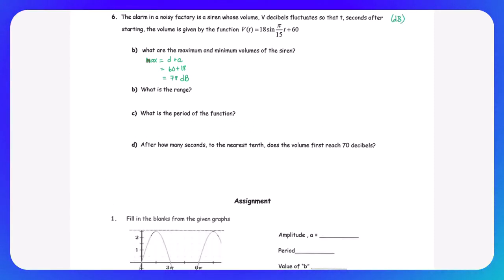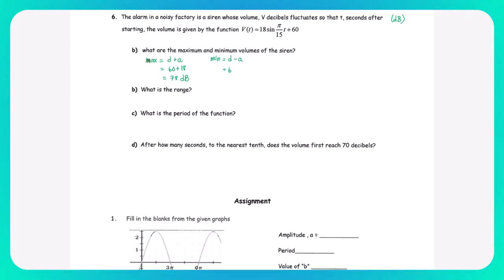Now, what about the minimum? We got this. We're just going to subtract the A value from the median, putting that into the calculator or doing some crazy mental math. We get 42 decibels. So what is the range of the volumes?